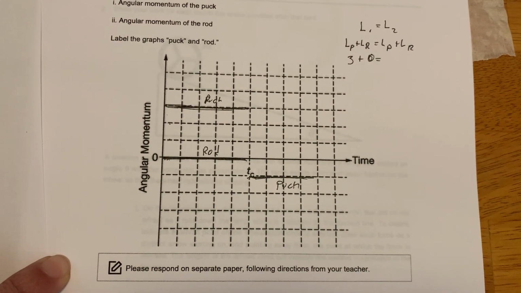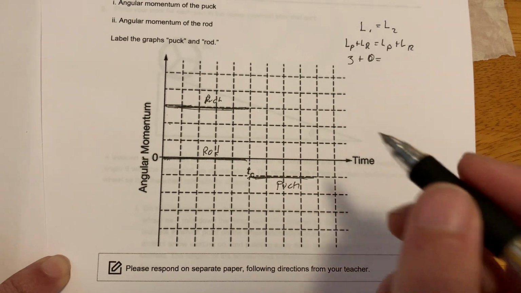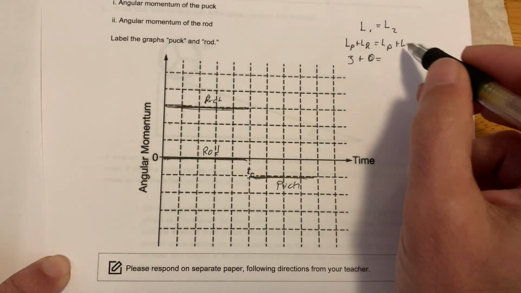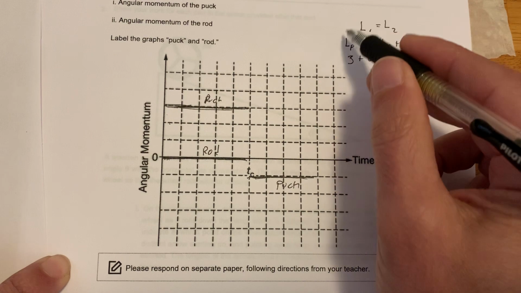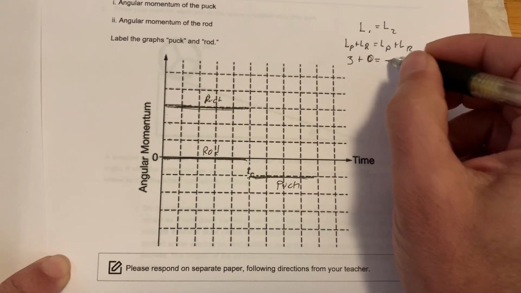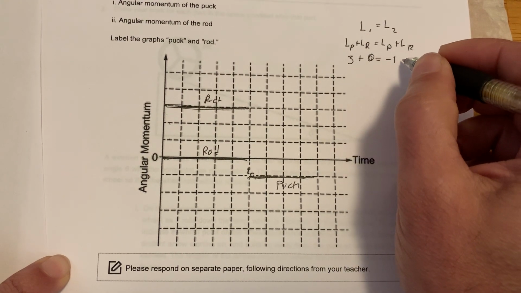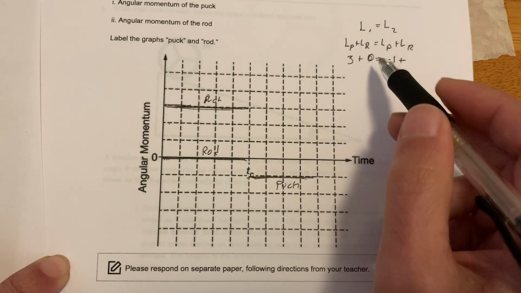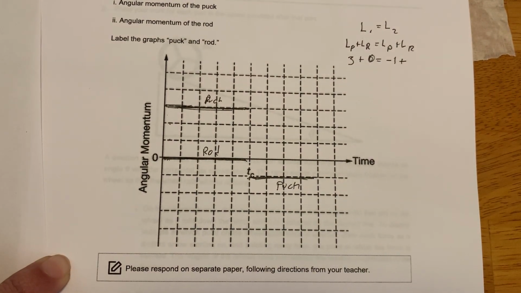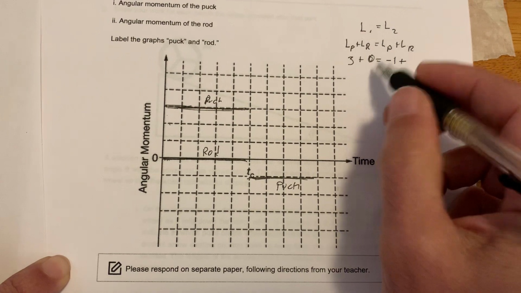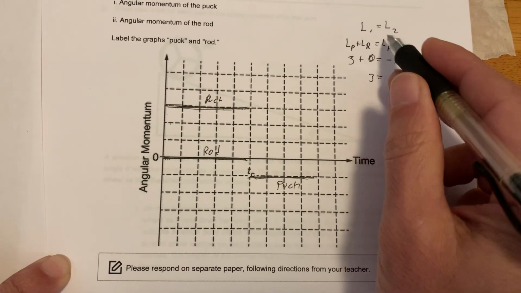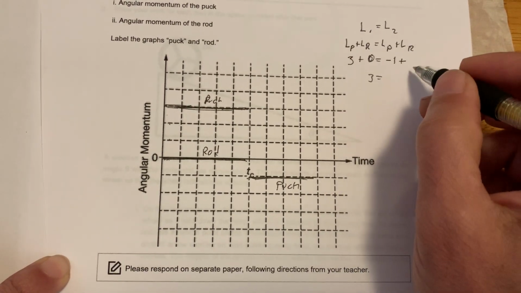What does that mean the rod has to have? Remember, angular momentum must be conserved. So if I'm calling this -1, plus what does the rod have to have now? Somehow I have to get the momentum before to be equal to the momentum after.